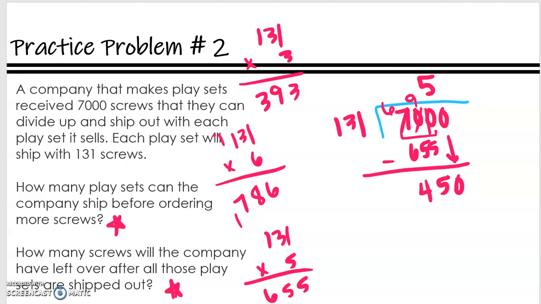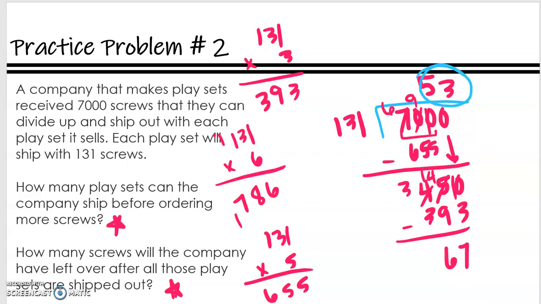Yep, if I added another 131, it would go over 450. So when I subtract this, I have 7 and 6 and 0. So here are my answers.